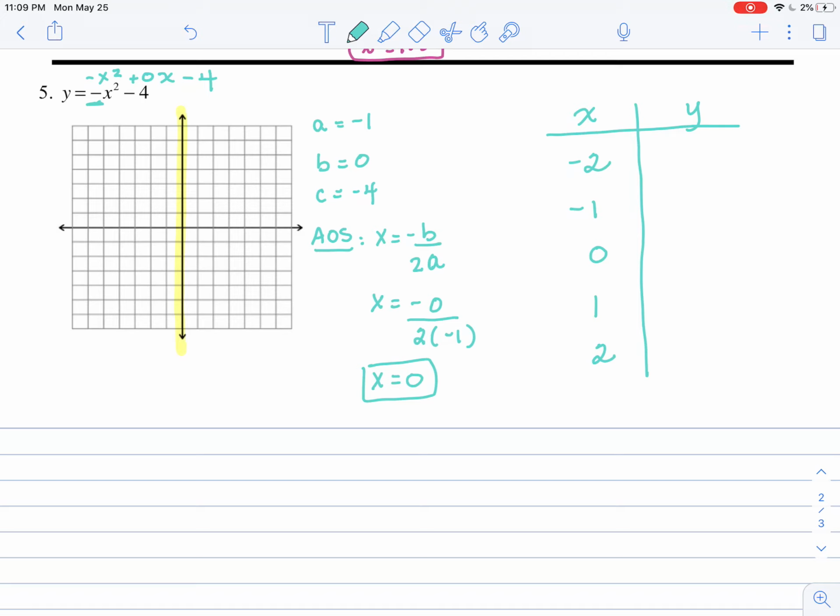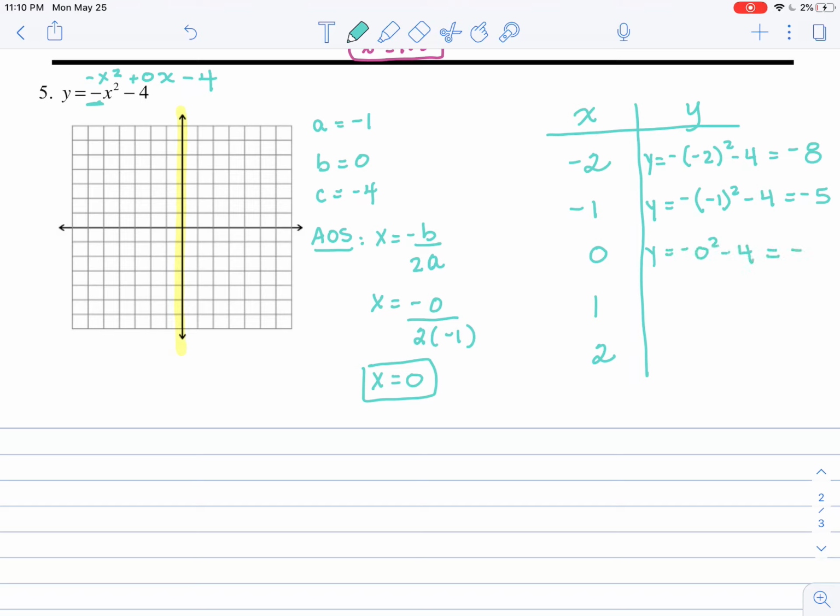Then you plug each of those values into your original equation. When x is negative 2, y is negative 2 squared minus 4, which is negative 8. When we plug in negative 1, we have y equals negative 1 squared minus 4, or negative 5.